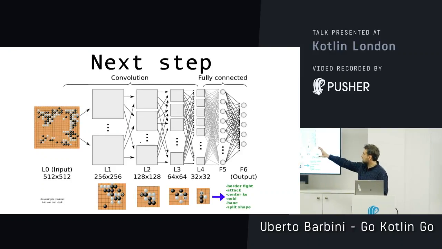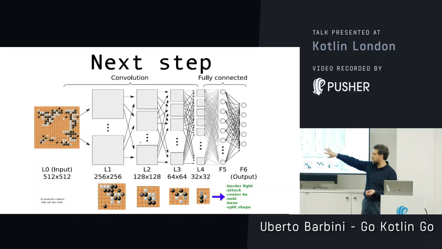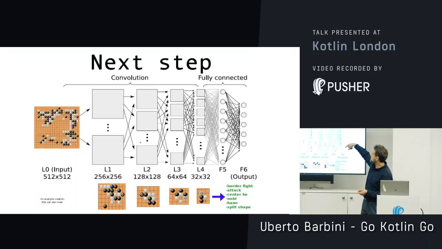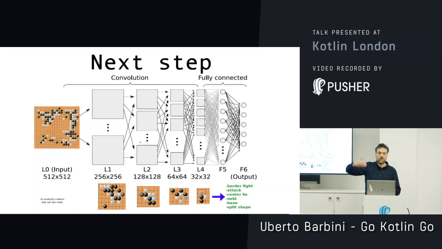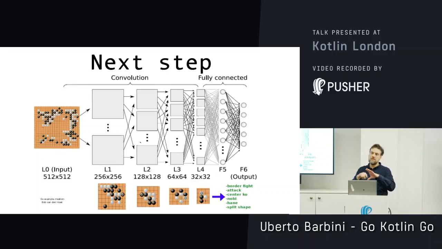It uses convolution: a big net takes the whole board, split into smaller grids, and at the end it gives you a list of outputs with the same number as the possible positions on the board, with a probability for each one.